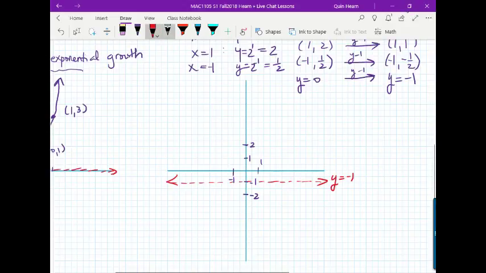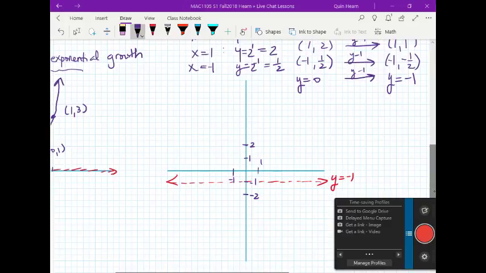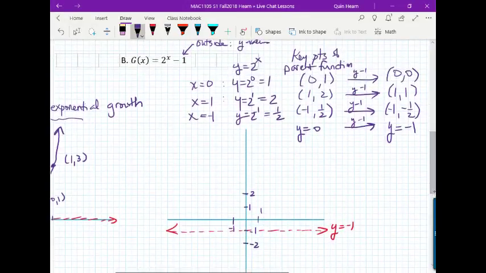All right, this graph goes through the points, let's scroll back up here a little bit, 0, 0, 1, 1, and -1, -1/2. Should be about there.